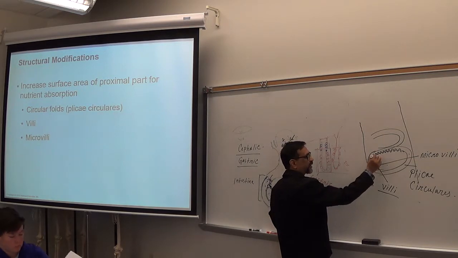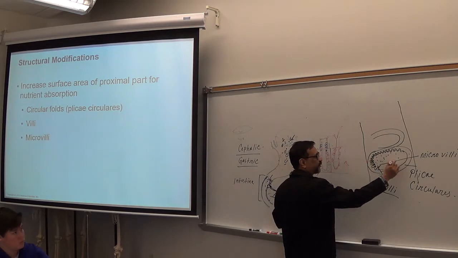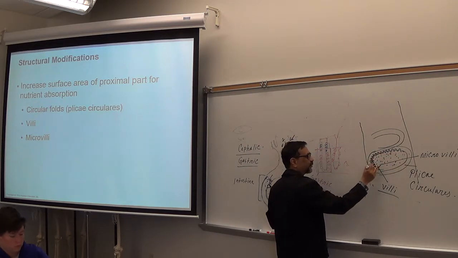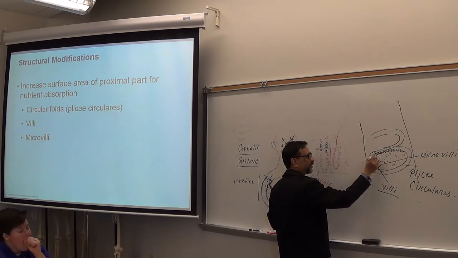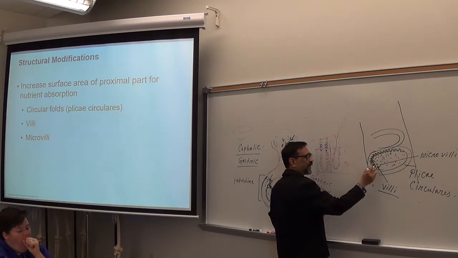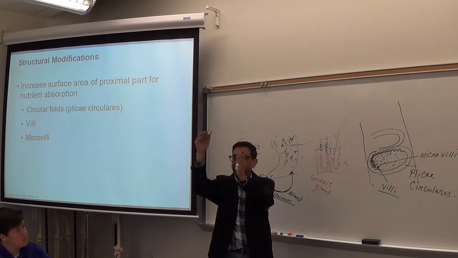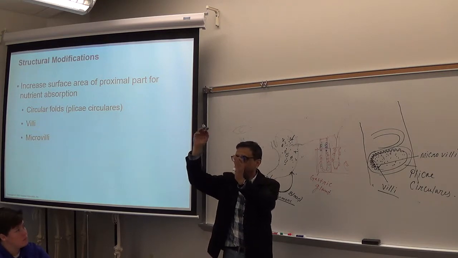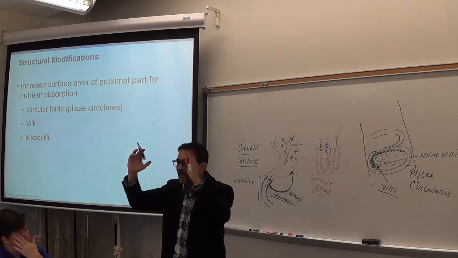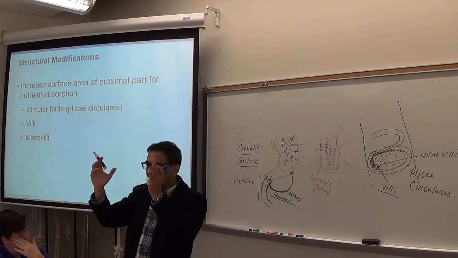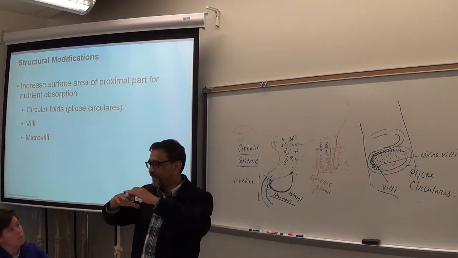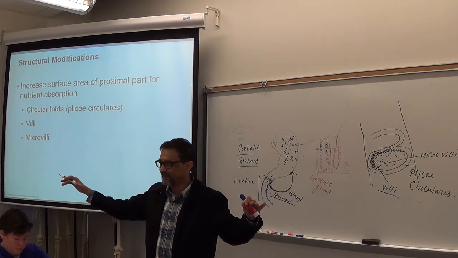Now the foodstuff, nutrients, are here inside the intestine, right? So the plica circularis, those are the folds, and villi on those folds, and microvilli all together do what? All together increase the surface area many folds. Make sense?